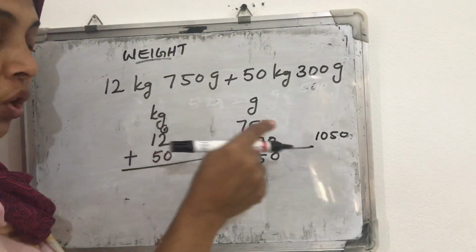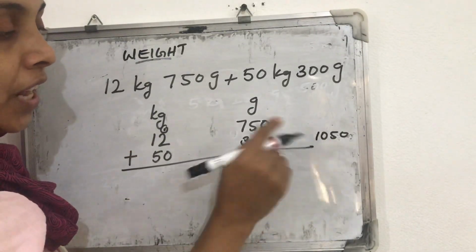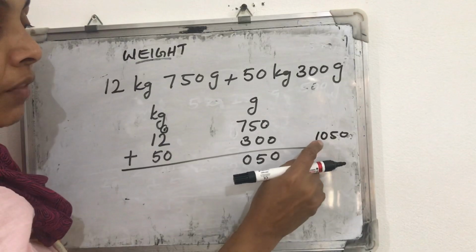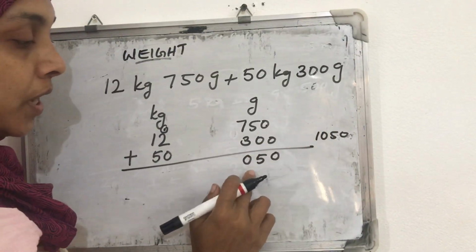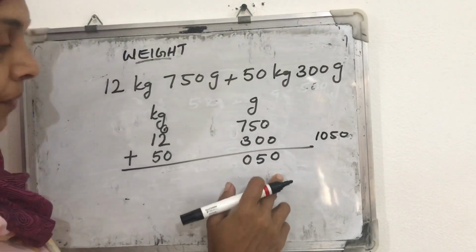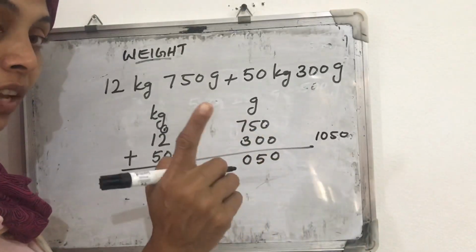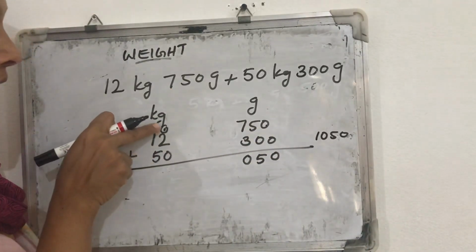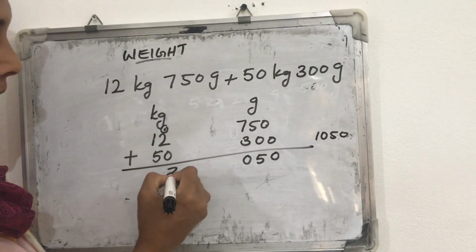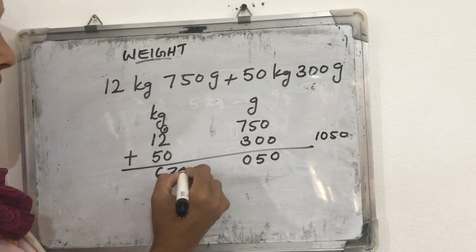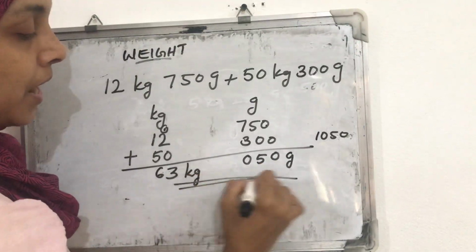What is remaining after taking that 1000? Here only 50 gram remains. And that 1000, when we convert into kilogram, we get 1 kilogram. That one we add with these kilograms. Then 2 plus 1, 3. 5 plus 1, 6. So the total is 63 kilogram and 50 gram.